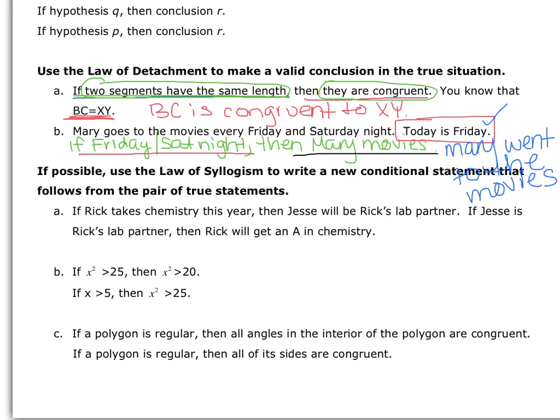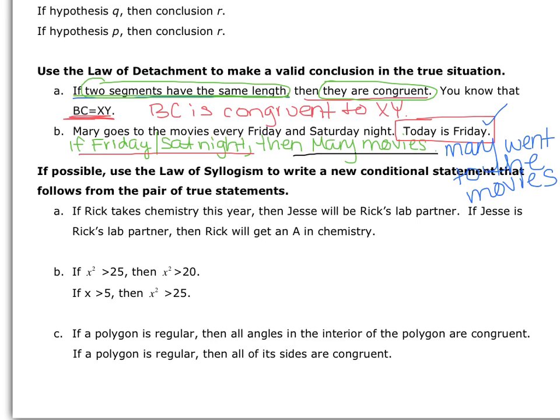So you're using a fact to make a valid conclusion. That's the law of detachment: you must know the hypothesis is true. If you only know the conclusion is true, you cannot make a valid conclusion.